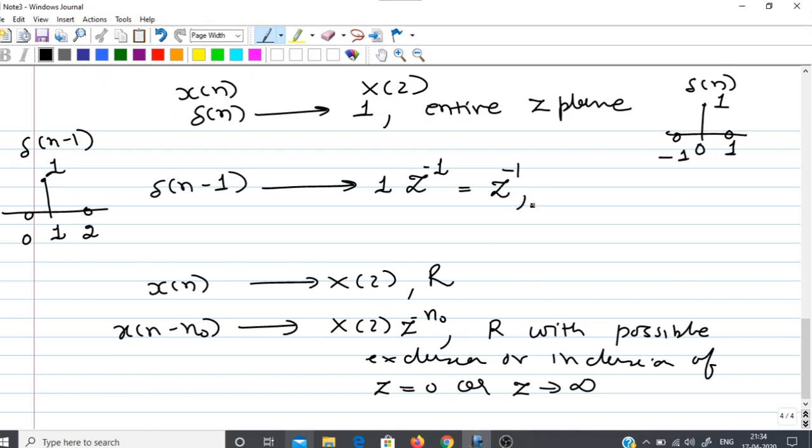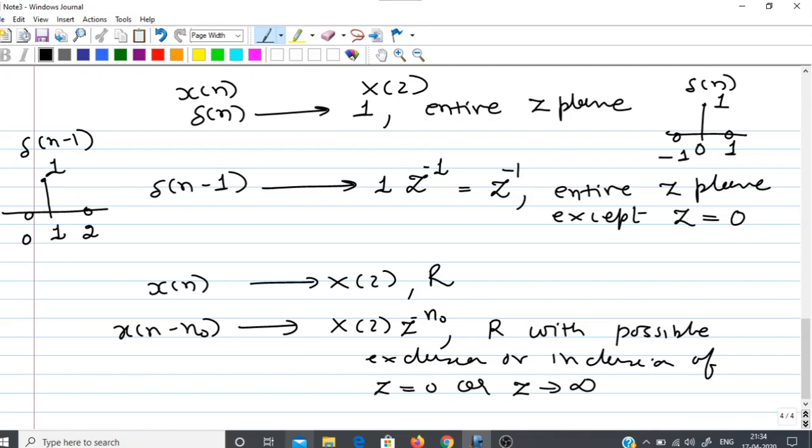So there would be the exclusion of the point z equals 0. So we can write entire Z plane except z equals 0. So this is the Z transform of delta n minus 1 using the time shifting property.